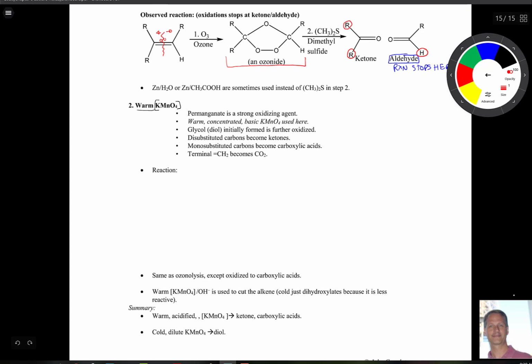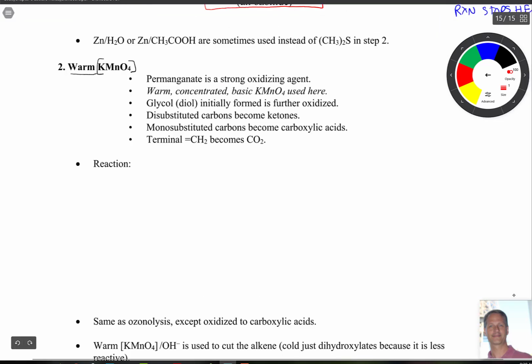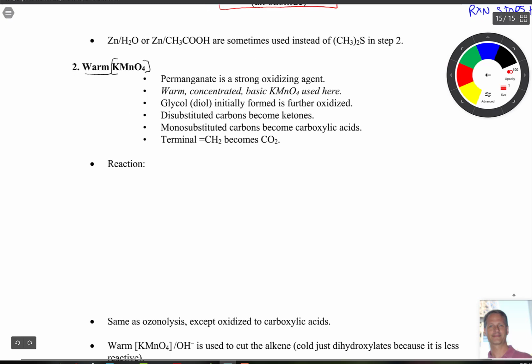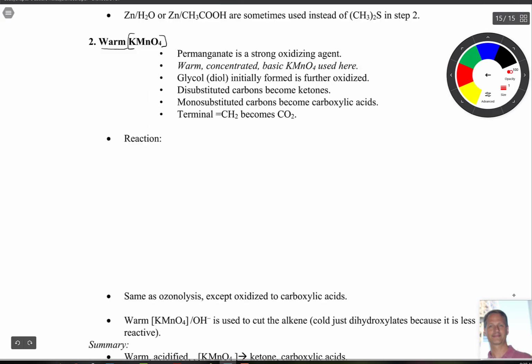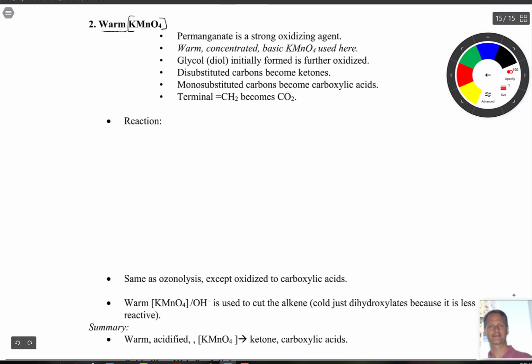So we use KMnO4, and we use warm, concentrated. Warm helps give energy to the reaction. Concentrated means we just have more of it, right? As for the mechanism, again, we're not going to learn it, but let's look at an example here. Let's take something like this fellow here.